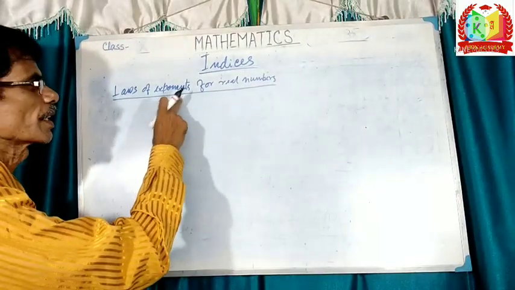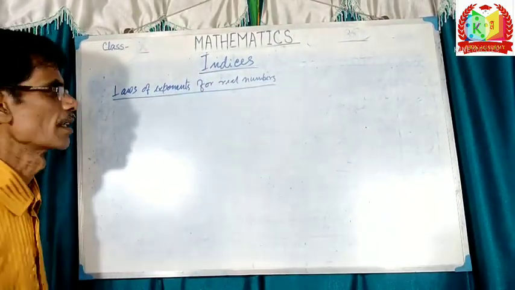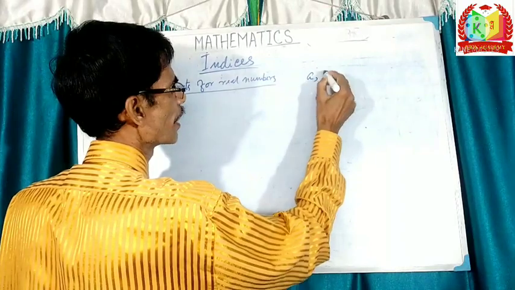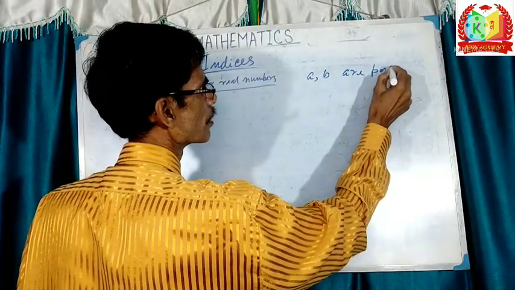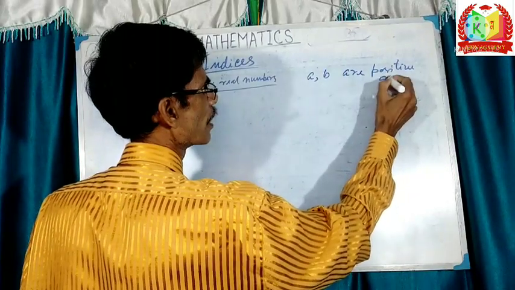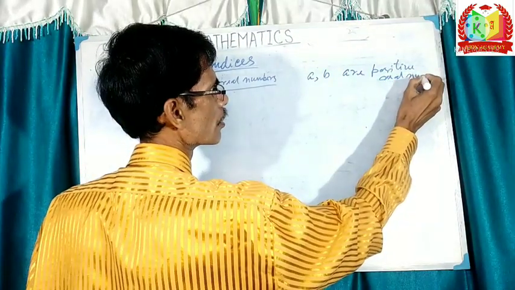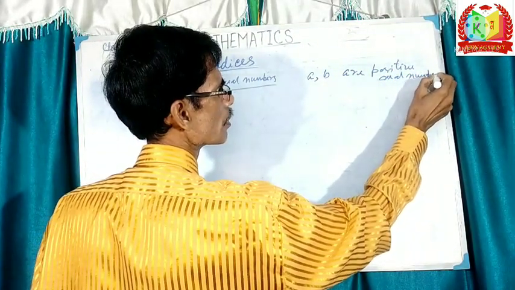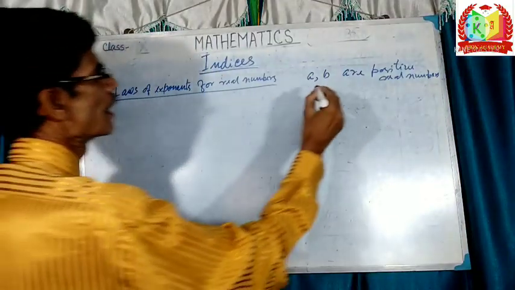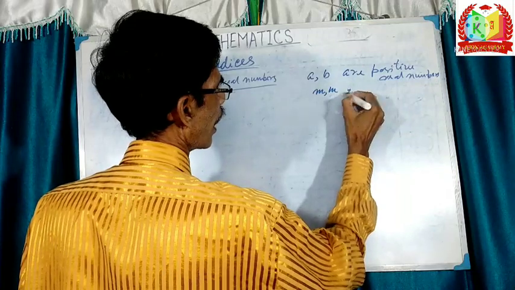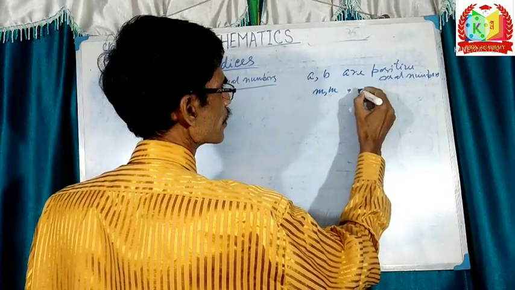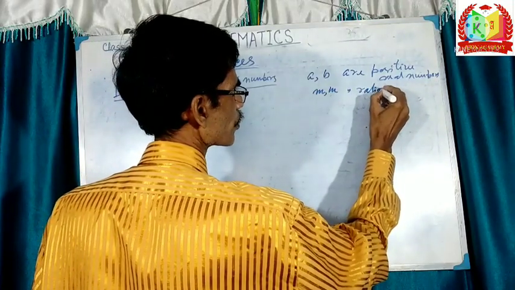Laws of exponents for real numbers. Here a and b are positive real numbers and m and n are rational numbers.